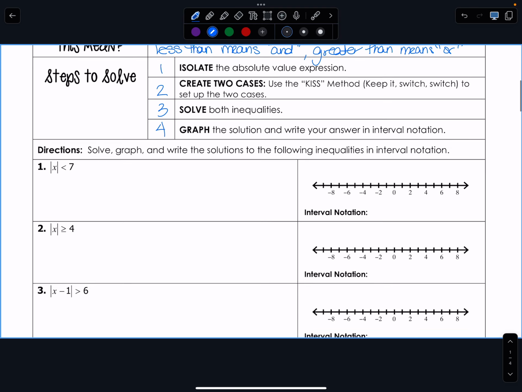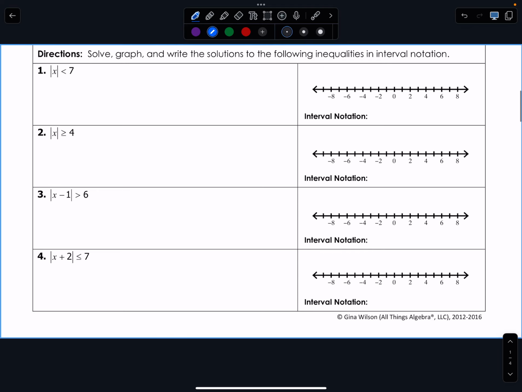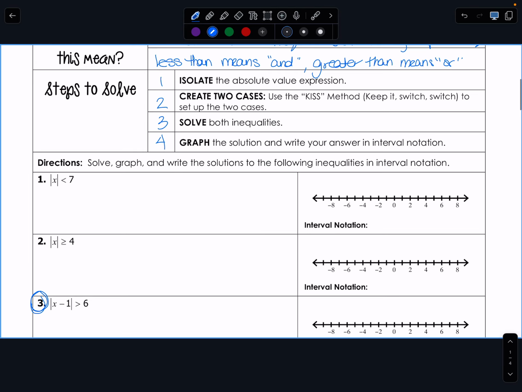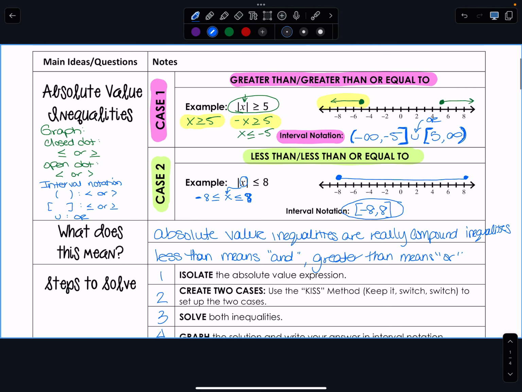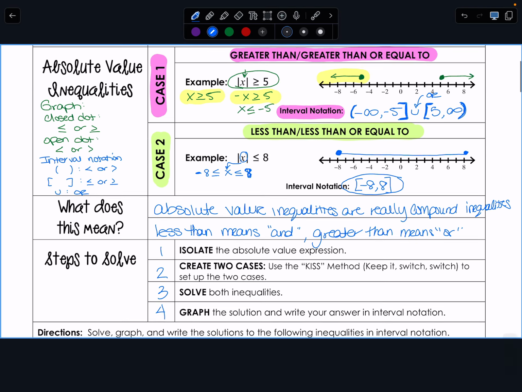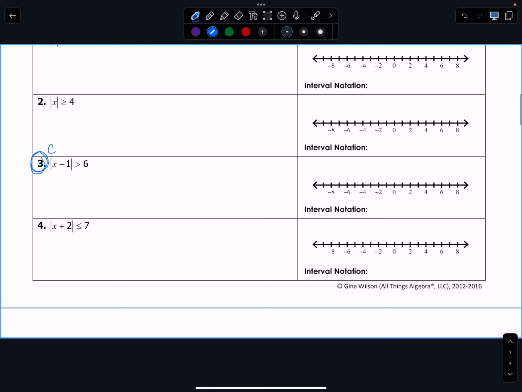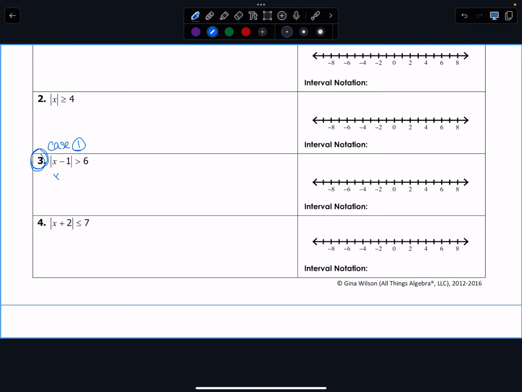Okay, so if I look at 3, is this case 1 or case 2? Case 1, because I'm greater than. So that means I'm going to have the absolute value of x minus 1 is bigger than 6. All I did is I just dropped the absolute value bars.